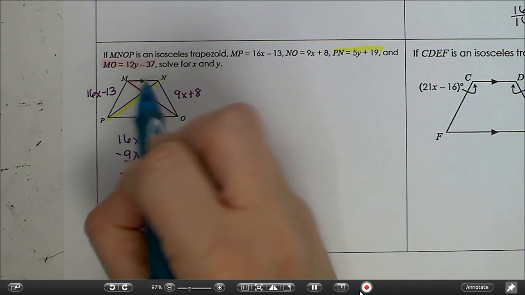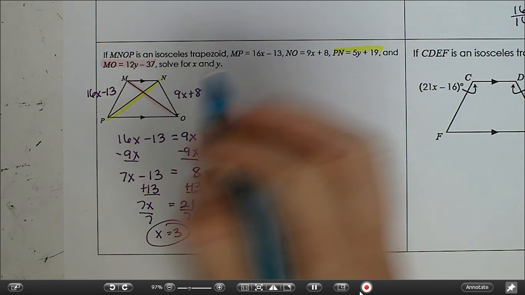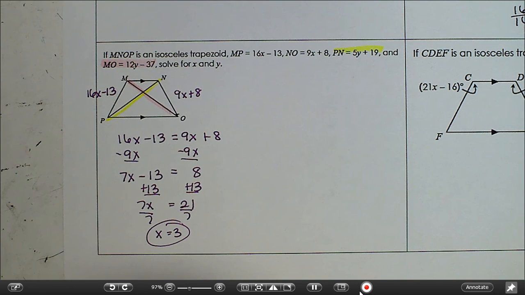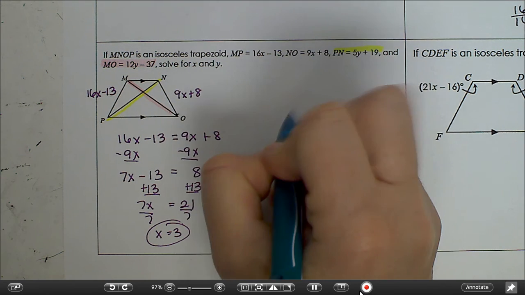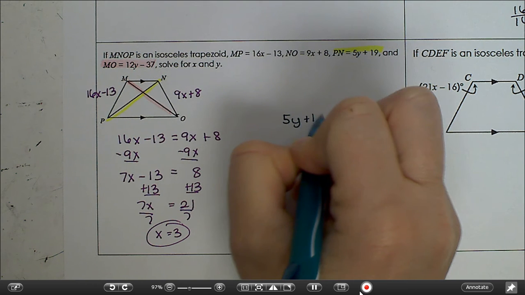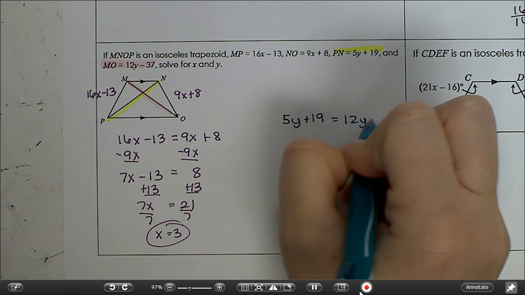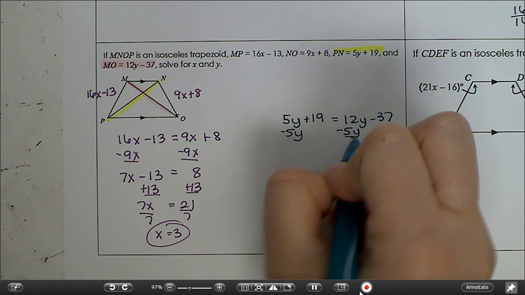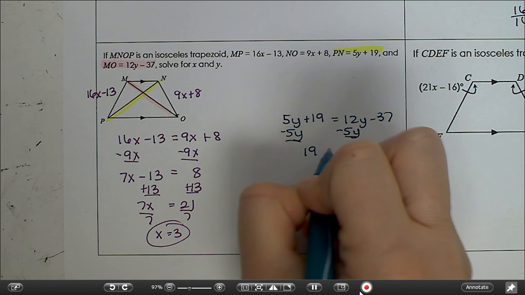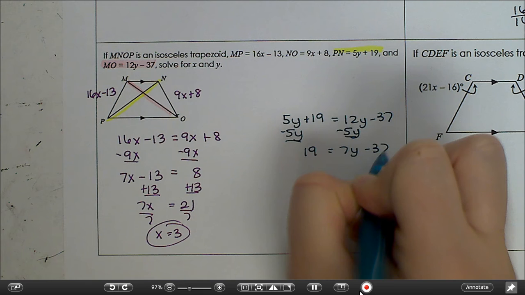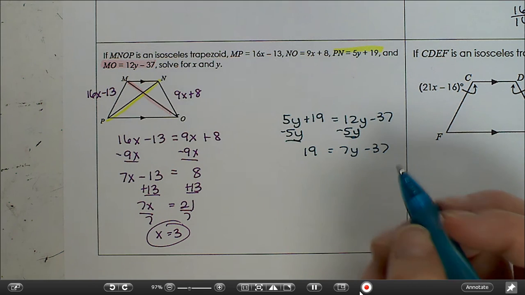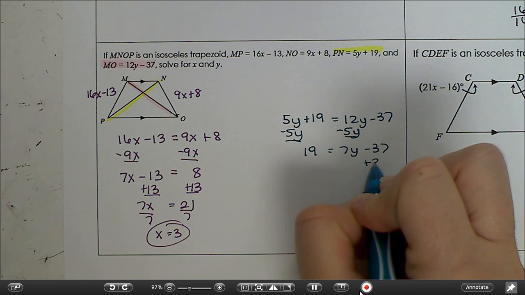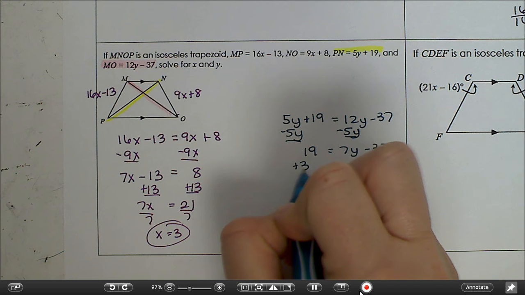Now the next part is about diagonals. What do you know about the diagonals of an isosceles trapezoid? They're congruent. So again, we're going to set those equal. I know you probably are wondering why I move each thing, because I do them in a different order each time. I like to keep my variable coefficient positive, so I usually move it that way.